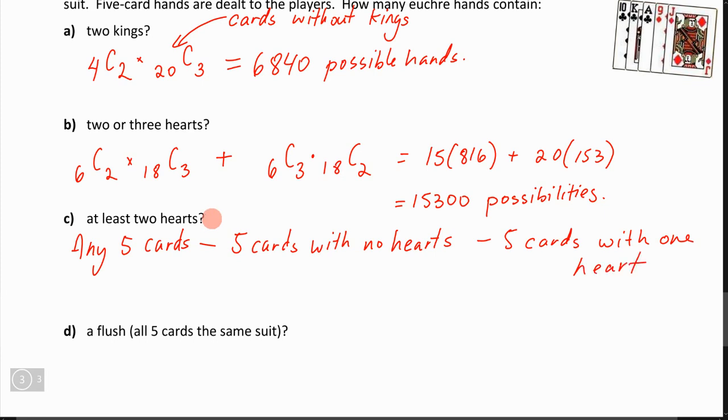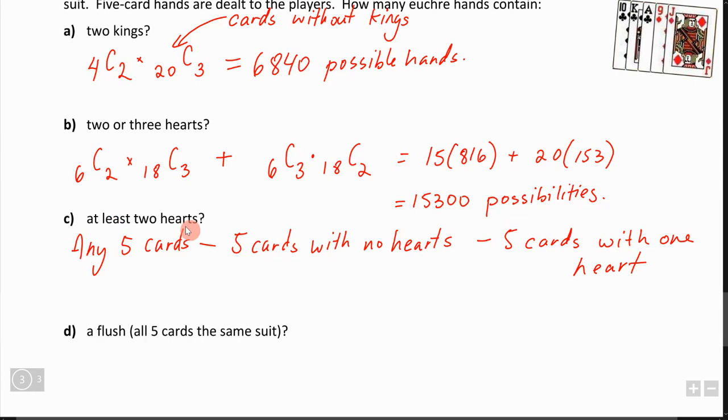So any 5 cards, that's all the combinations of just having any 5 cards. I subtract the combinations of 5 cards with no hearts, and I subtract the combinations of 5 cards with 1 heart. What's left over would be at least 2 hearts.